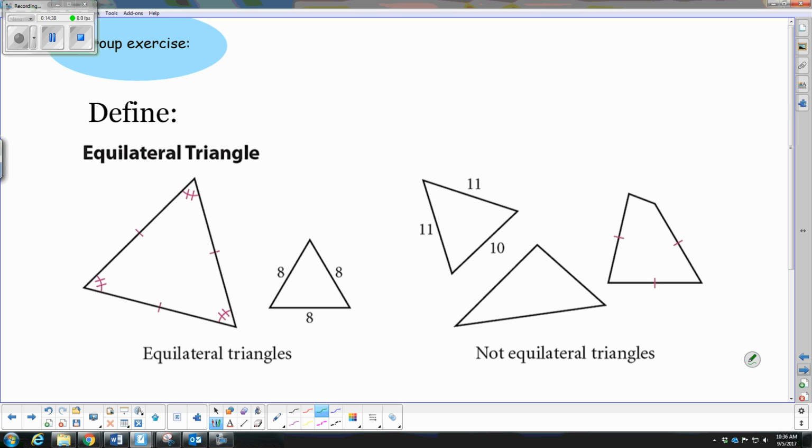Take a minute to look at equilateral triangles and not equilateral triangles. An equilateral triangle is a triangle that has 3 congruent sides.